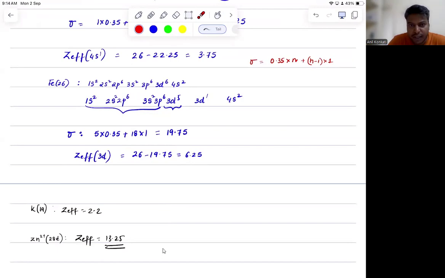How? 3s2 and 3p6 is n minus 1. Second, let me check that.